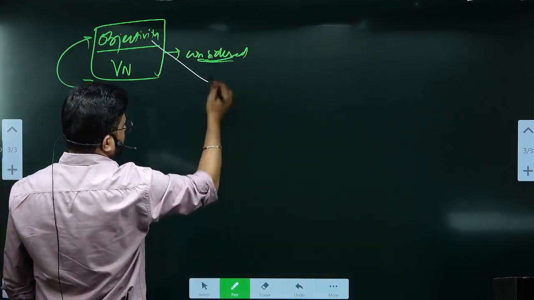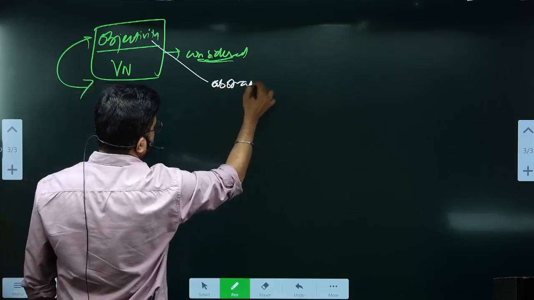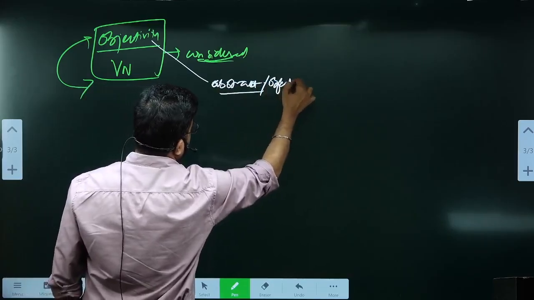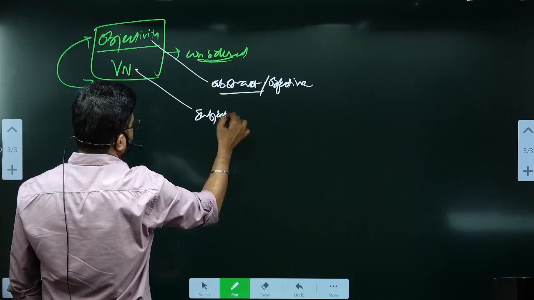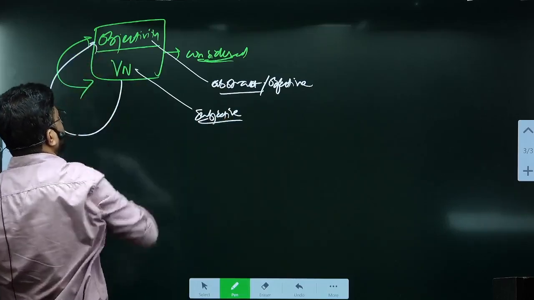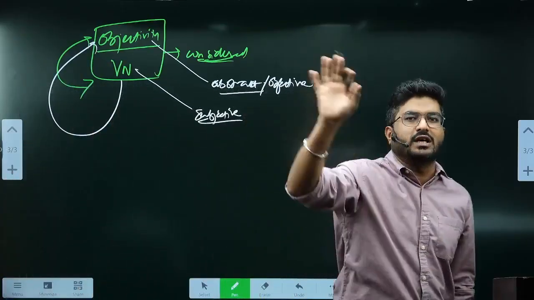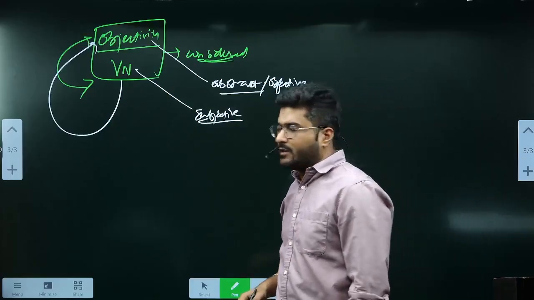Objectivity is, as I have told you earlier, abstract, objective reality, whereas value neutrality is subjective. Value neutrality tries to be objective. Value neutrality means pushing the research for objectivity, looking for objectivity.